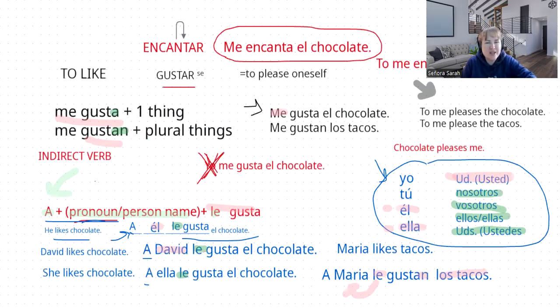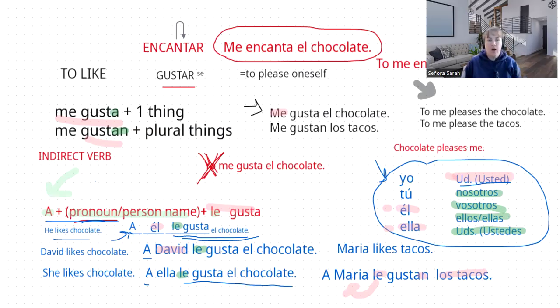Yes or no? It is okay. Yes, you can. That can mean "he likes chocolate," but look what else. It can also mean "she likes chocolate." It can also mean "you, formal, like chocolate." So if you want to be more specific, you can put a él le gusta el chocolate or a ella le gusta el chocolate.